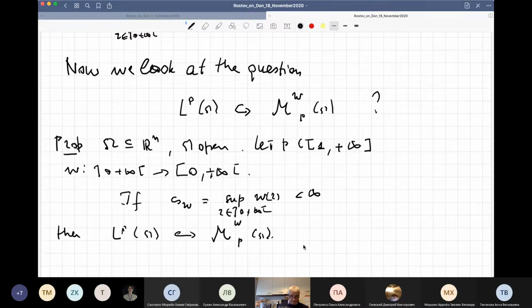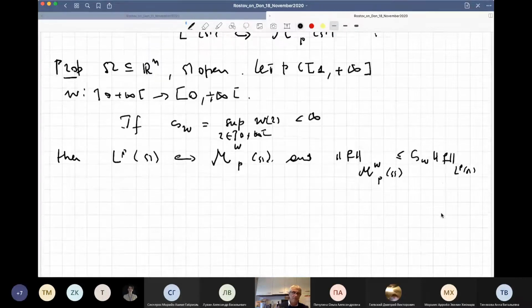And not only that, we have an estimate: the Morrey norm is dominated by the supremum of W times the LP norm, for all LP functions.